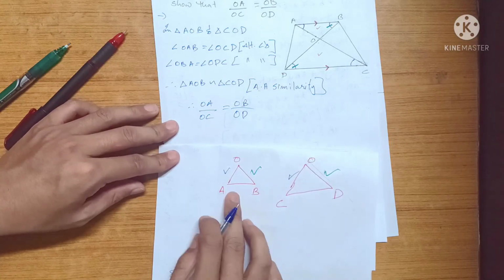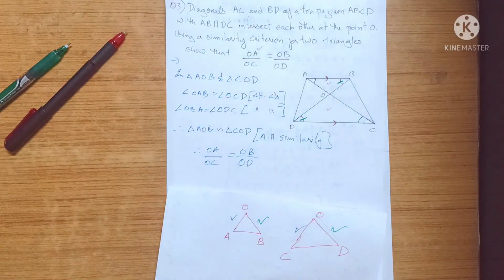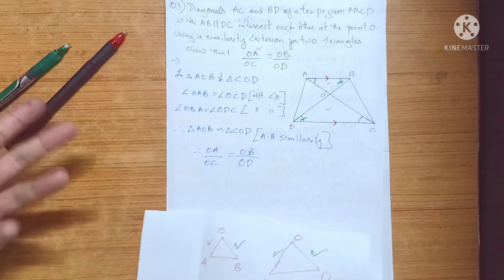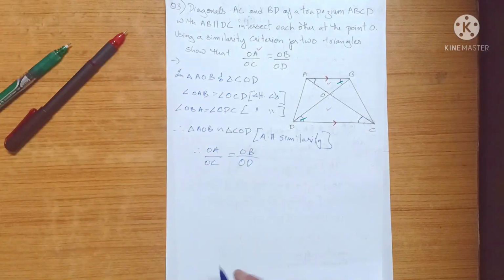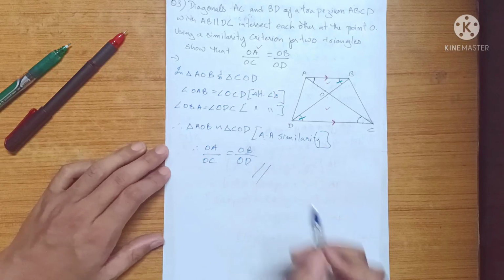You can even write equal to AB by CD also. Doesn't matter, but we are asked this. We don't have to do extra. But even if you write AB by CD also, it's right. Done. Okay.